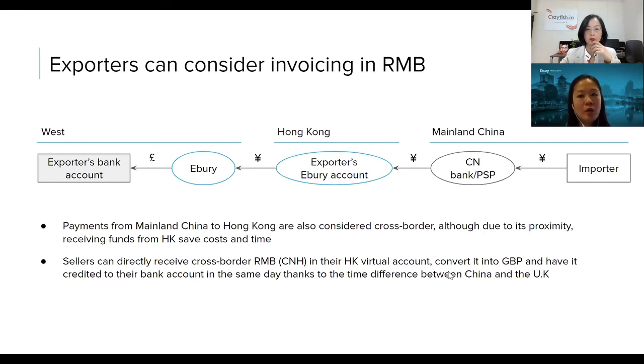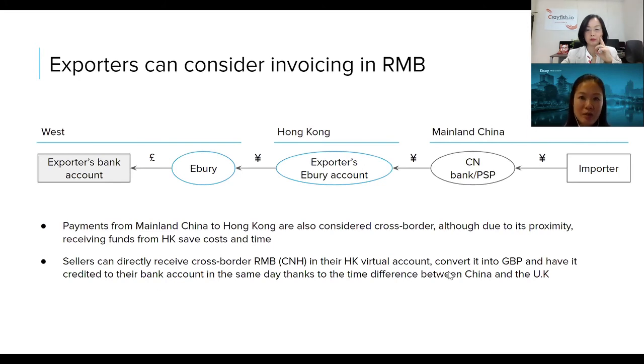So actually, even though Hong Kong is also considered cross-border from the China perspective, because it's next to mainland China, and also in the same time zone, we can provide an RMB account to our clients so that they can directly receive RMB from their clients in China in Hong Kong. And this is an account that is under the name of the exporter, so we make sure that it matches with the trade records. So by that, the exporter can actually receive the money much faster, right?